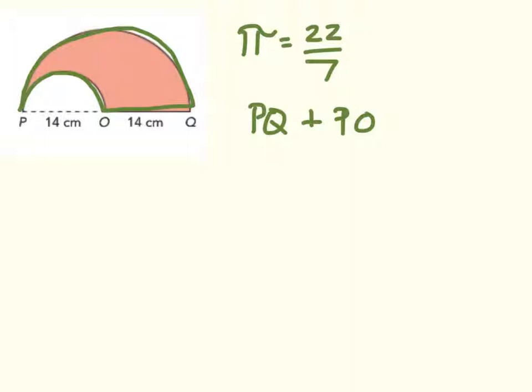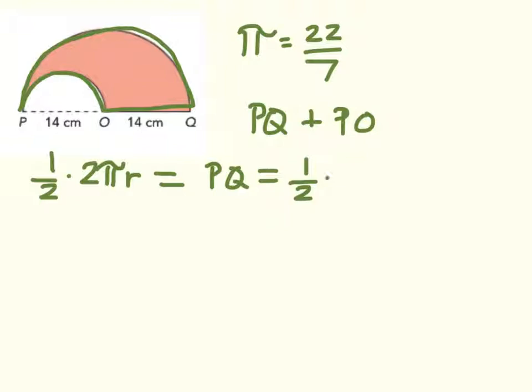The length of a semicircular arc is 1/2 of 2 pi r, or 1/2 of the circumference, correct? So our semicircular arc PQ is going to be equal to 1/2 times 2 times 22/7 times 14, correct?